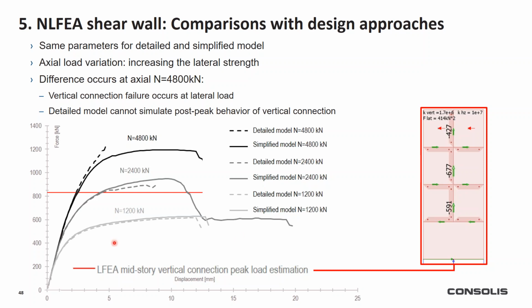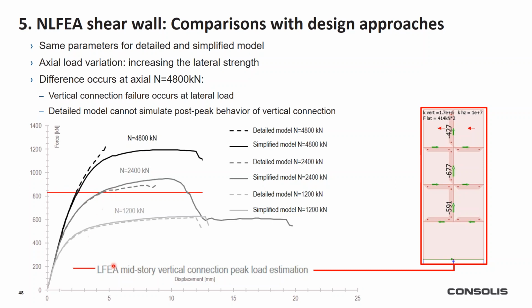And you can see here a comparison between the detailed model and the simplified model. These models are run with different axial load levels, and we can observe that there is a very good match between the simplified model and the detailed model until we reach a certain lateral load level.